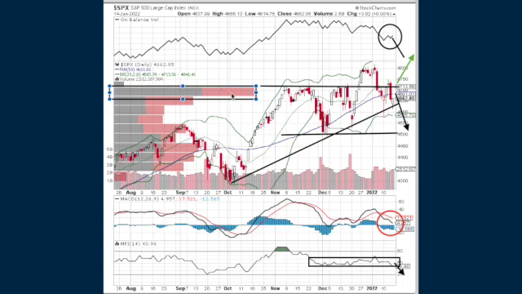So this area right here is called a volume shelf. It's a level or an area where a large number of investors have bought shares. And what happens is that investor base becomes effectively the support for the market. So everybody who's bought shares in this zone is currently at break even.